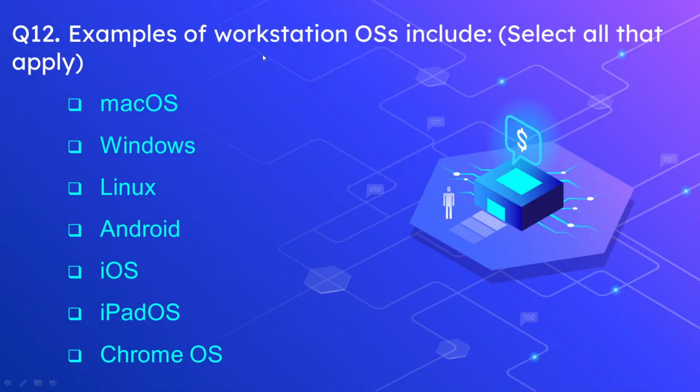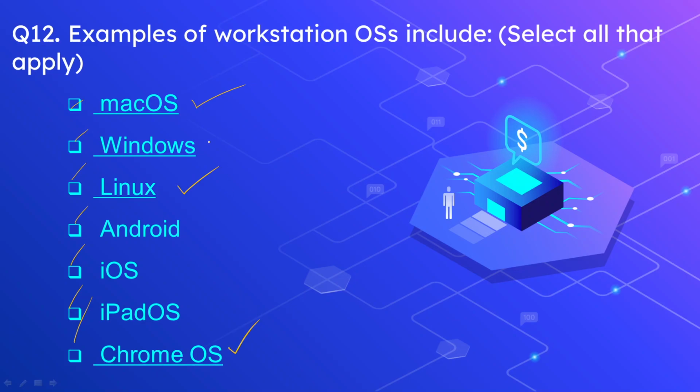Example of workstations operating system includes, select all that apply. Options are macOS, Windows, Linux, Android, iOS, iPadOS and Chrome OS. And the correct options are macOS, Windows, Linux and Chrome OS.